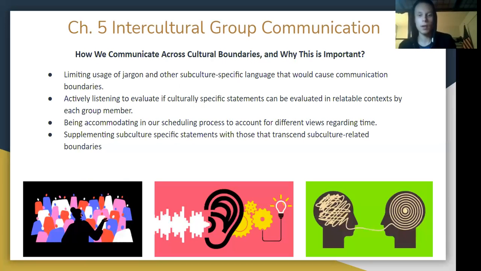Or if Josh wanted to use coaching lingo for some of his experiences directing football teams, maybe some of us might not understand some of that terminology. So it is necessary to alter one's language so that it can be understood by somebody who might not be part of the subculture that uses the language you're using. And that is all.